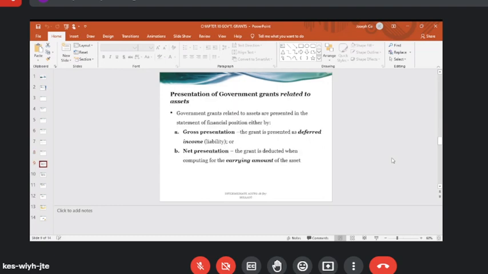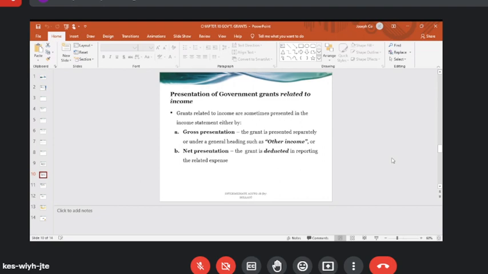Presentation of government grants related to assets: they are presented in the statement of financial position either by gross presentation or net presentation. Under gross presentation, the grant is presented as deferred income or liability, while under net presentation, the grant is deducted in computing the carrying amount of the asset.